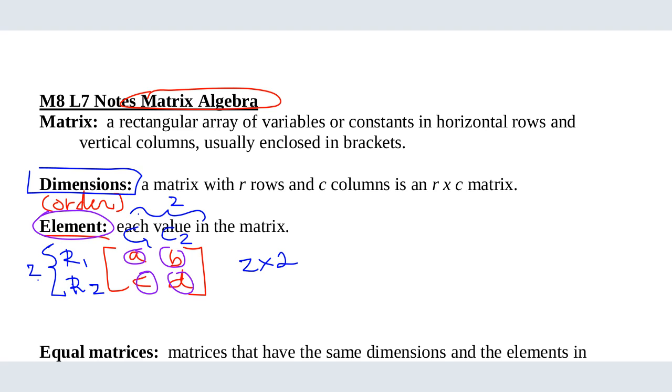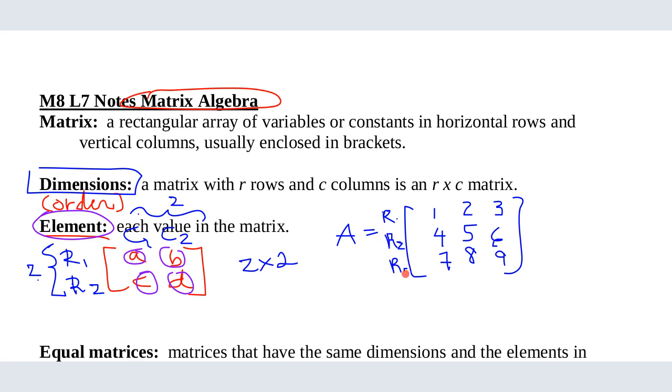We also have another example of a matrix A: 1, 4, 7, 2, 5, 8, 3, 6, 9. Here we have row 1, row 2, row 3, column 1, column 2, column 3.